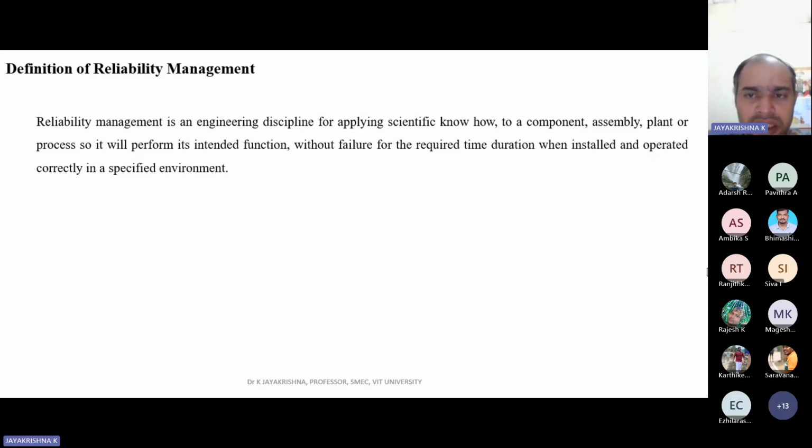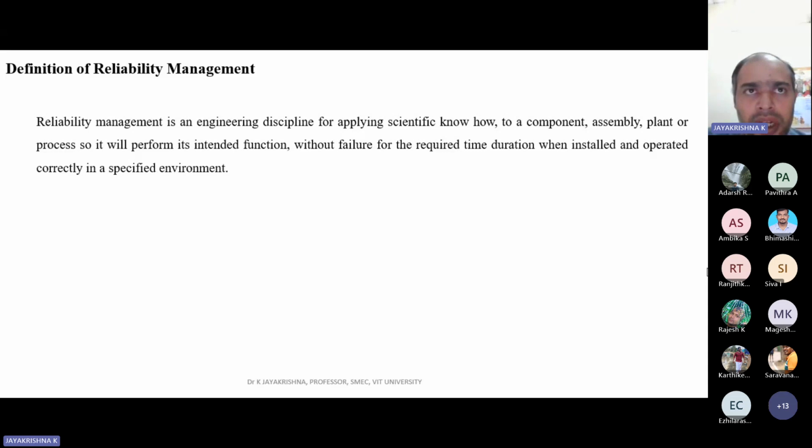I think we saw the same examples in the last QC classes, the quality control and improvement classes. So what I'm trying to define is whether the product is able to perform at the time when it is required, and when it comes to performance, it's about the intended function for what it has been designed for. That is what we call reliability.